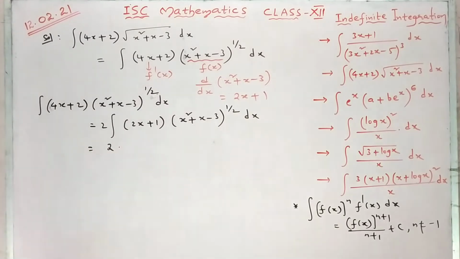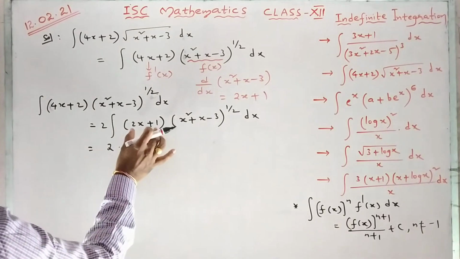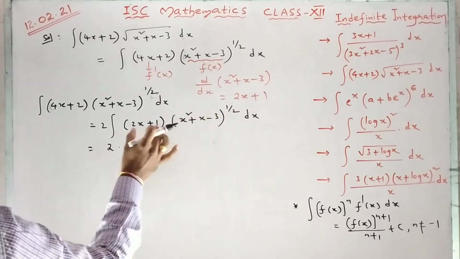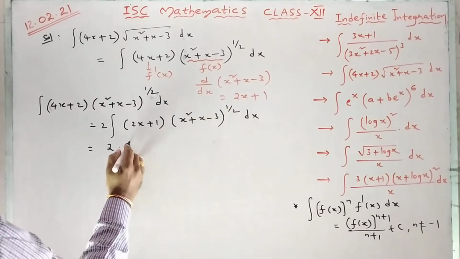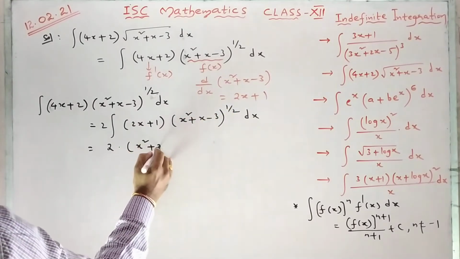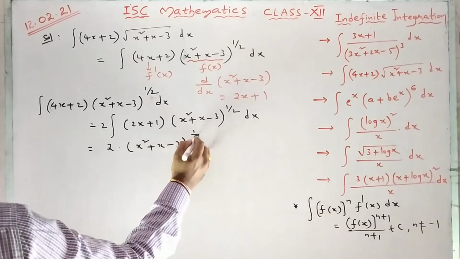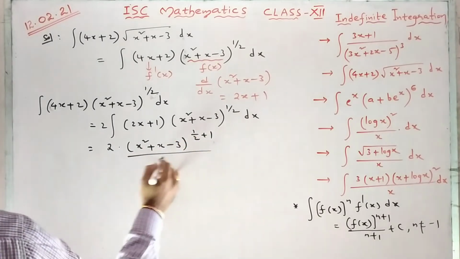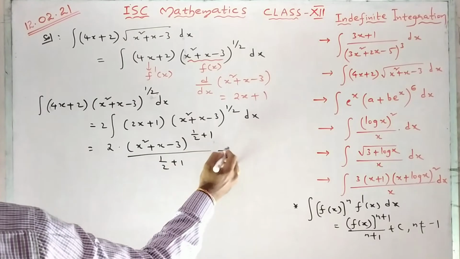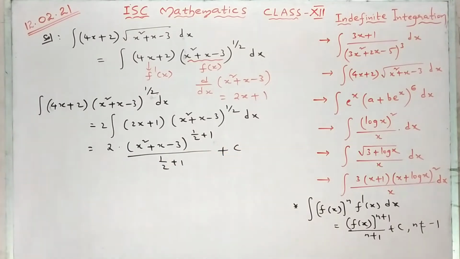Now directly it is in the form integral f of x whole to the power n f dash x dx equal to f of x whole to the power n plus 1 upon n plus 1 plus c.